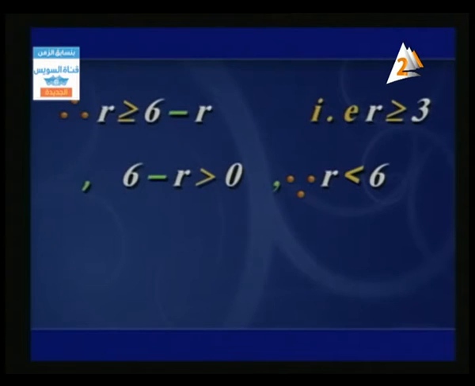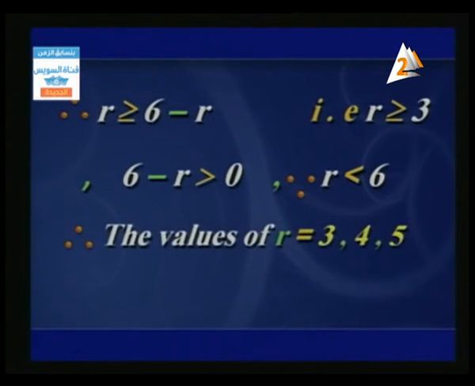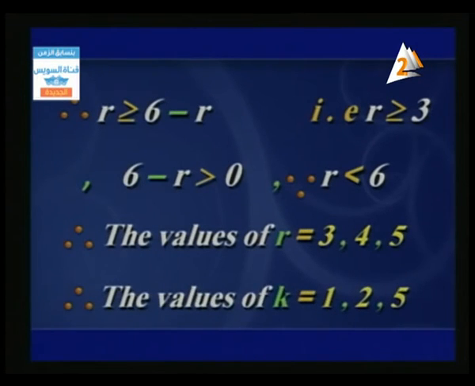Since r is smaller than 6, the values of r equal 3, 4, and 5, and the values of k equal 1, 2, and 5.